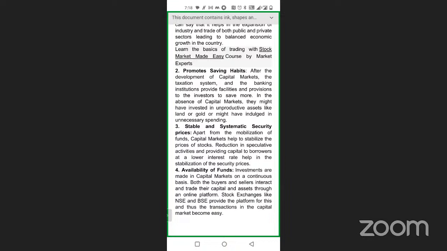Third one is stable and systematic security prices. Stable and systematic security prices means what?